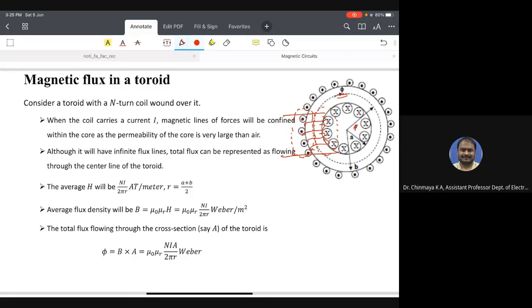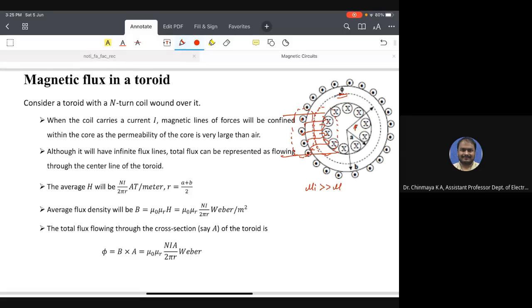As the permeability of iron is very much higher than that of the air, the flux in the magnetic material is large. Flux in the iron is very large when compared to the leakage flux.